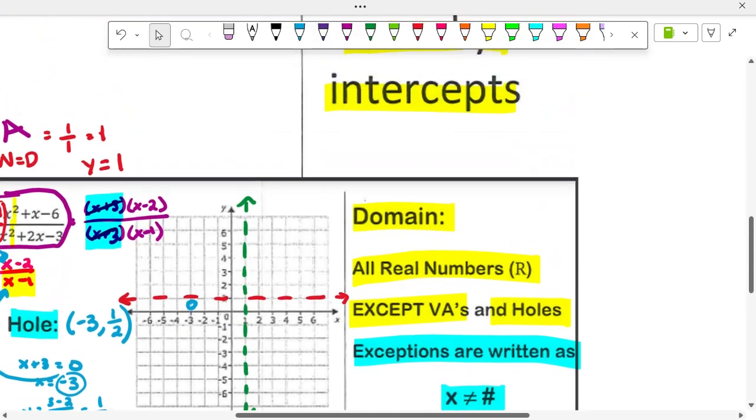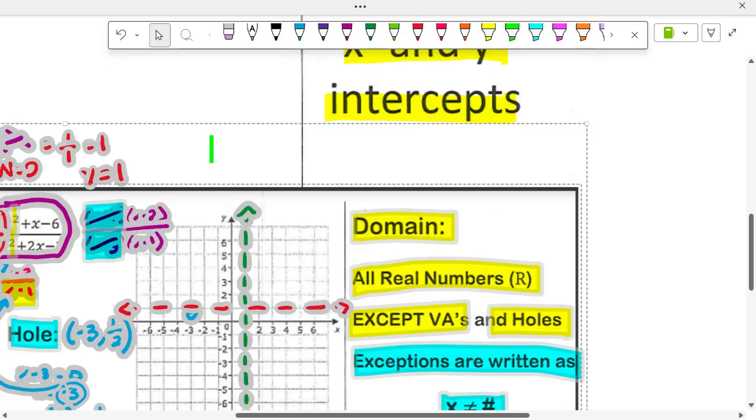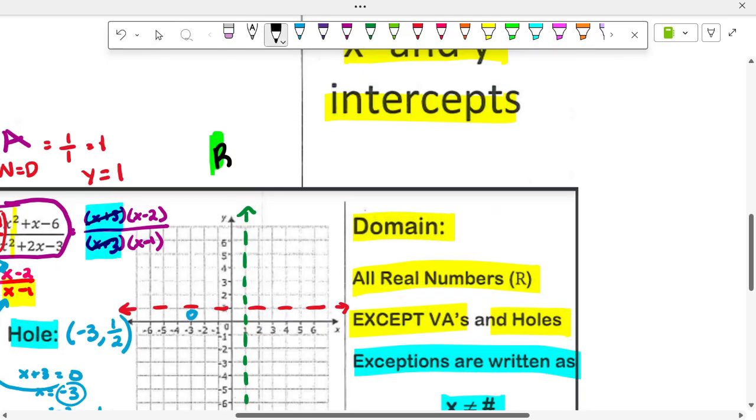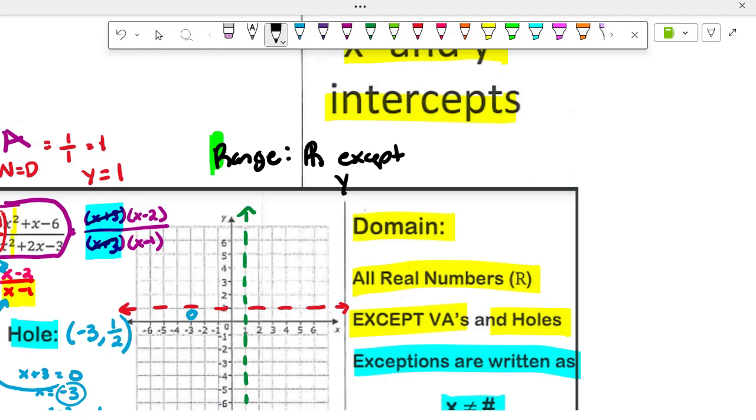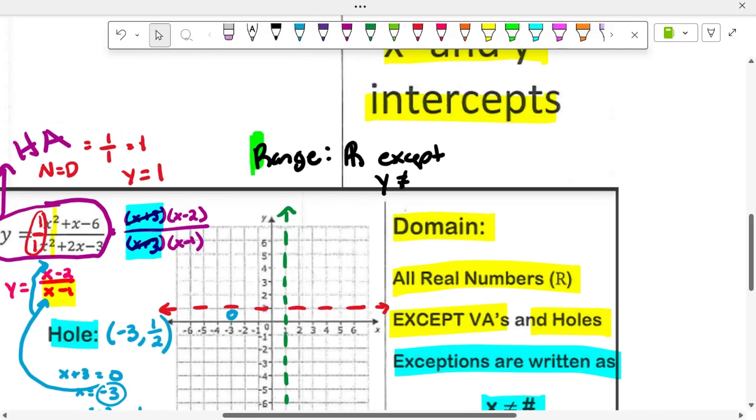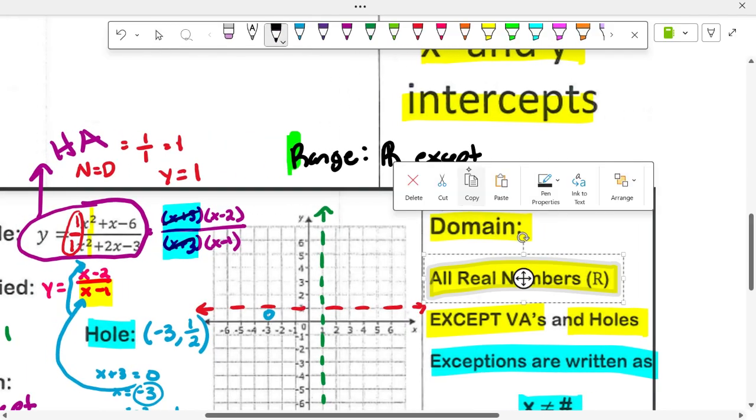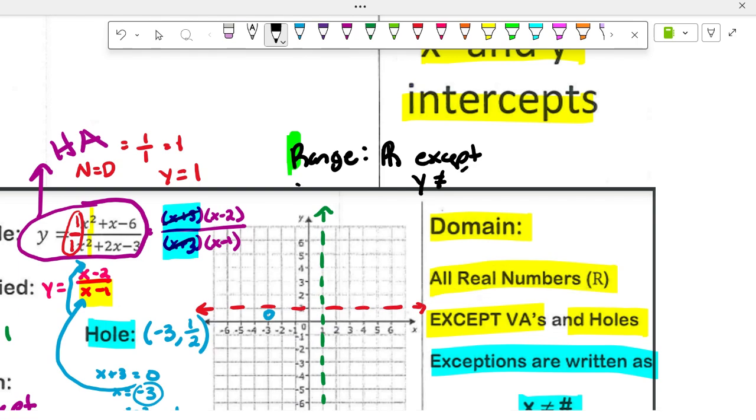So if I come back up here, my range, we would say all real numbers except y cannot equal. What two numbers can y not equal? 1 and what is the y value of my hole? 1/2. So it can't equal 1/2, which is the y value of your hole, and it can't equal 1, which is your horizontal asymptote.